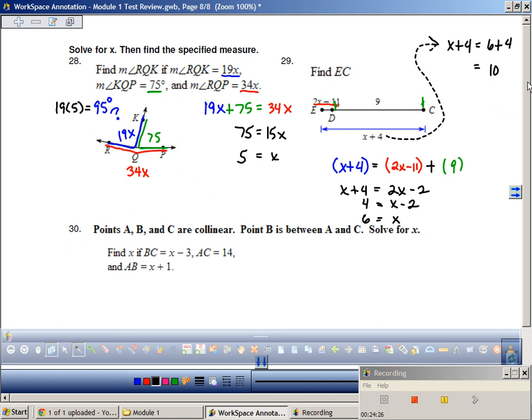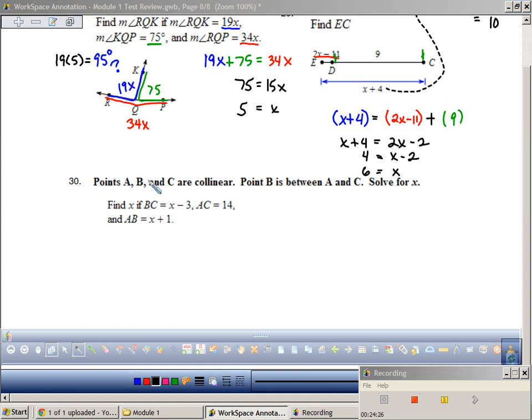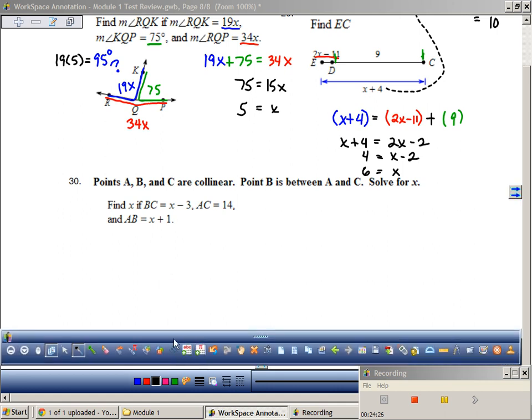Last one, number 30. Points A, B, and C are collinear. What does collinear mean? Same line, right? Same line, collinear. Okay. So A, B, and C are collinear. Point B is in between A and C. I'm going to draw that real quick.